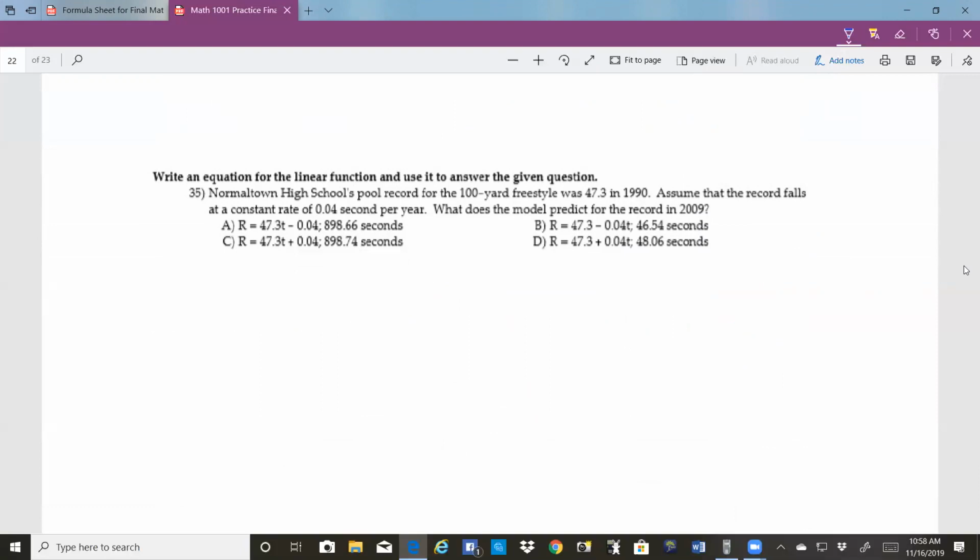The pool record for the 100-yard freestyle back in 1990 was 47.3. The record falls at a constant rate of 0.04 seconds per year. What does the model predict for the record in 2009?